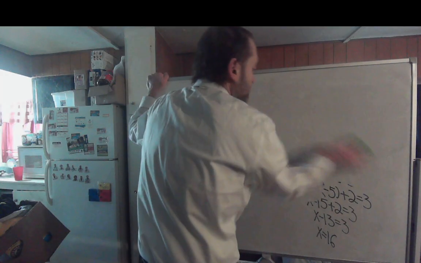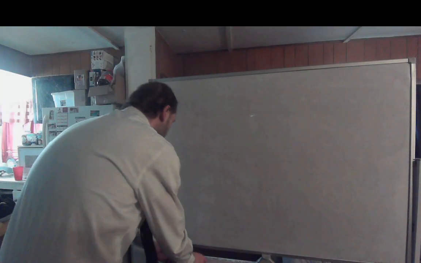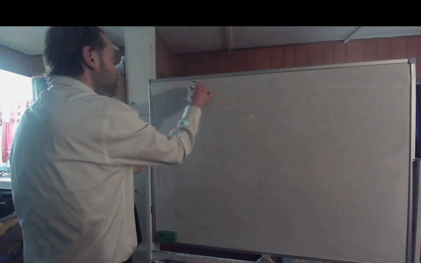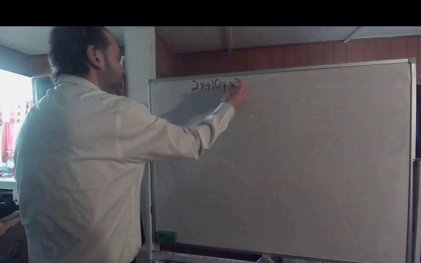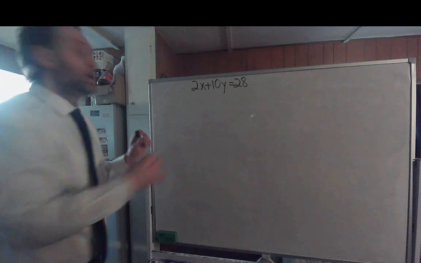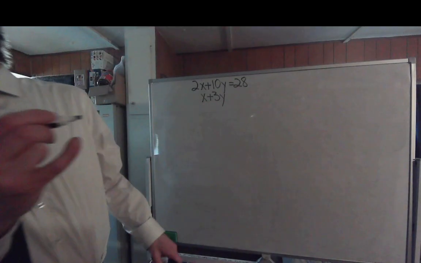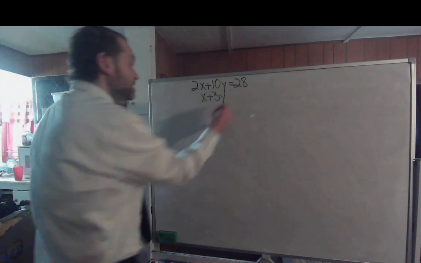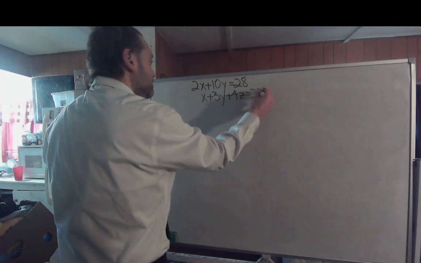All right. So the next system is going to be 2x + 10y = 28, x + 3y + 4z = 22.